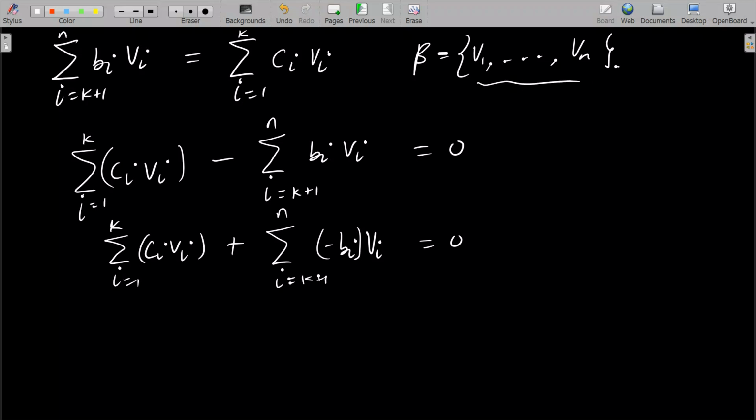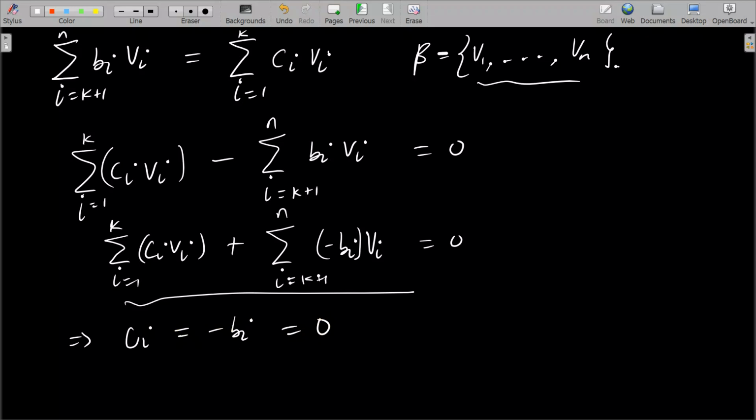What I'm trying to say here is that we have a linear combination of vectors in beta giving us 0, and beta is a basis. It means it's linearly independent, and this should mean that all the c_i should be equal to zero, and all the negative b_i should give you zeros, right?